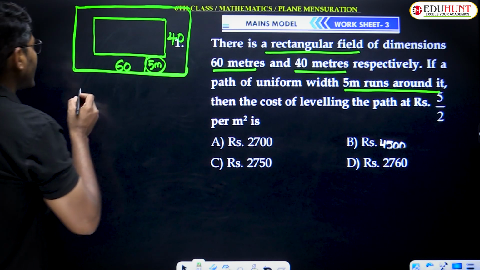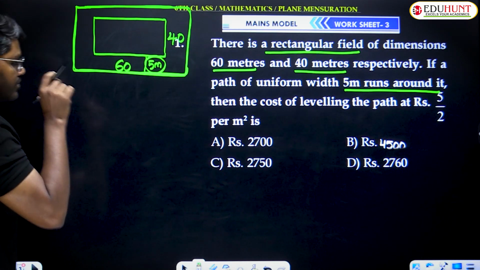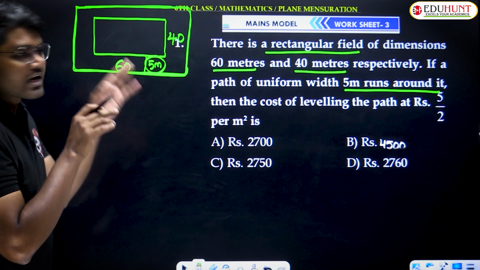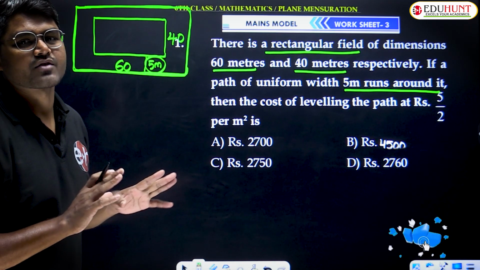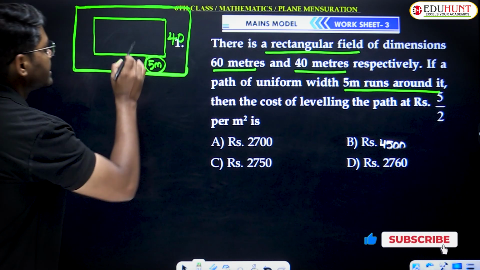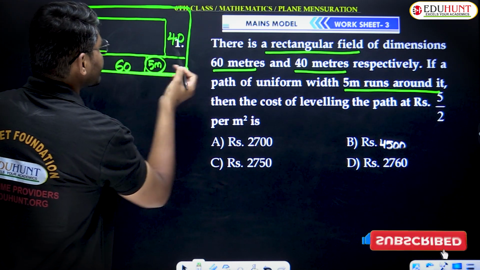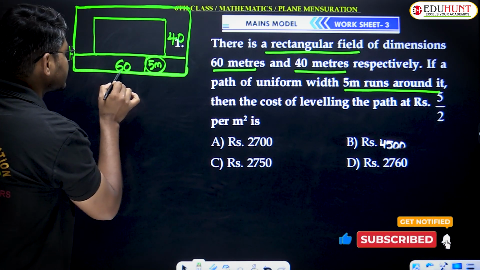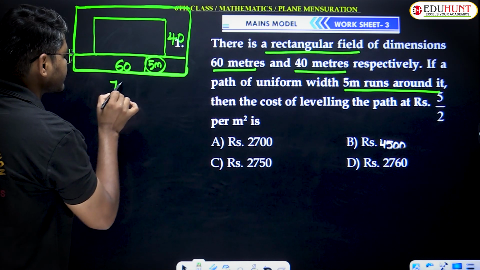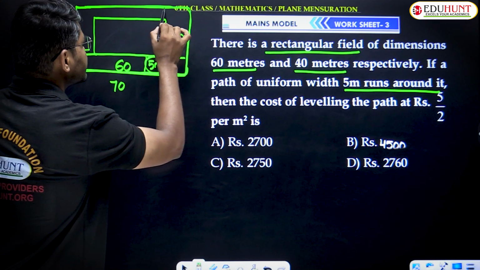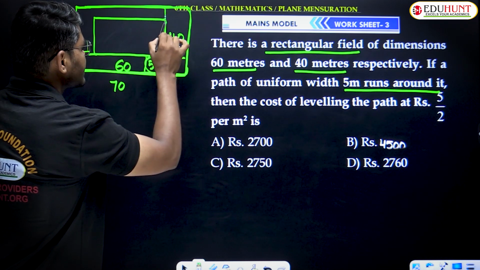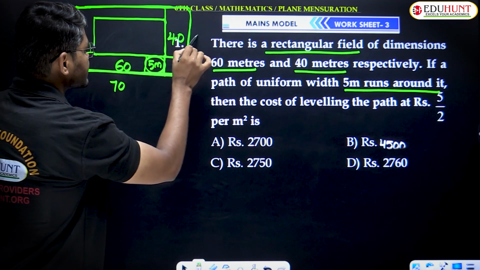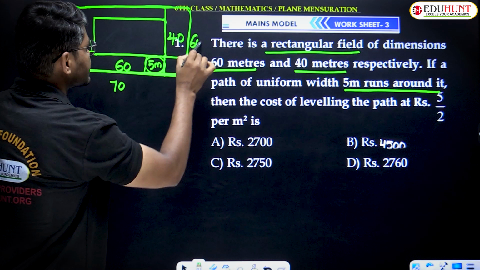So, area of outer rectangle. Before calculating the area of the outer rectangle, we have to know the measurements of the outer rectangle. So, here the length will be, this is 5 meters and this is 5 meters. So, this is 60 plus 10, 70. This is 5 meters, this is 5 meters, this is 40 plus 10, 50 plus 10, 60. So, this is 60.